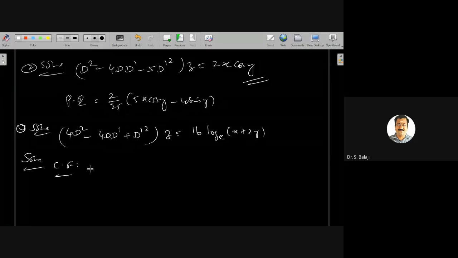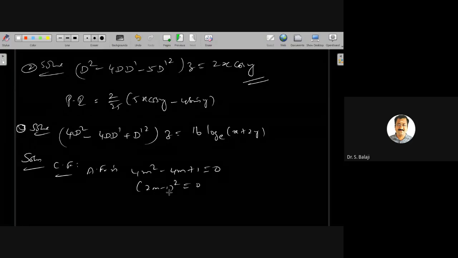The complementary function: the auxiliary equation is 4m square minus 4m plus 1 equal to 0. Then it will be 2m minus 1 whole square equal to 0, since 4m square minus 4m plus 1 is a square minus 2ab plus b square.